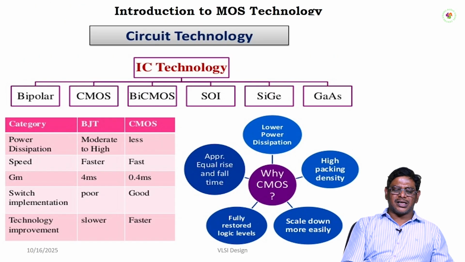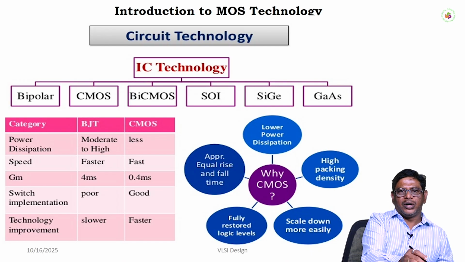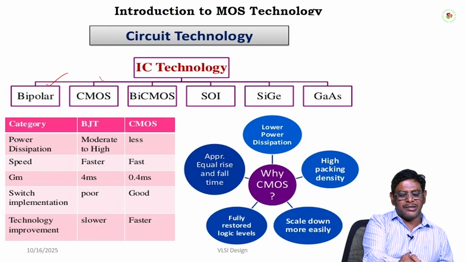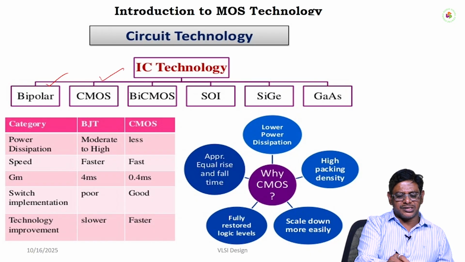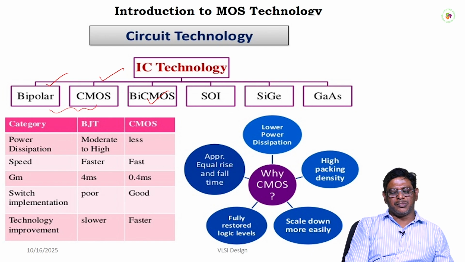Coming to MOS technology, it is split into different categories. The first is bipolar technology, the second is CMOS technology, and the third is BiCMOS, which is a combination of bipolar as well as CMOS.